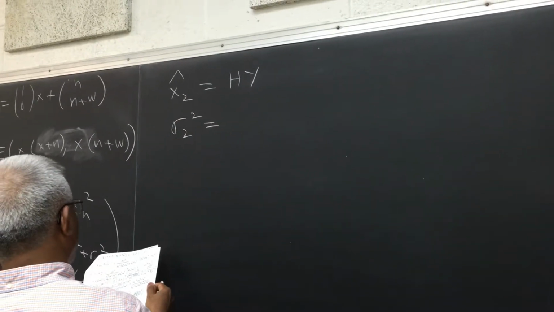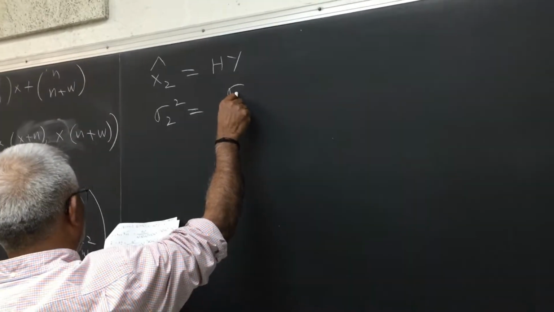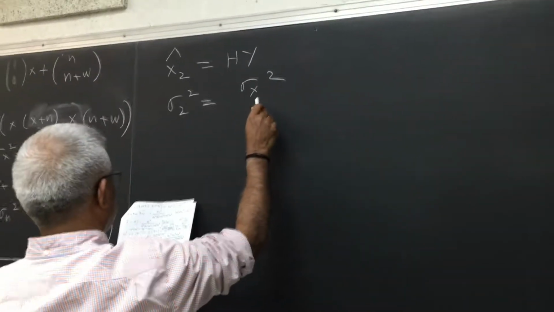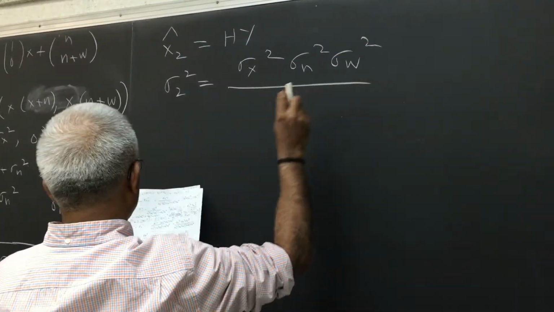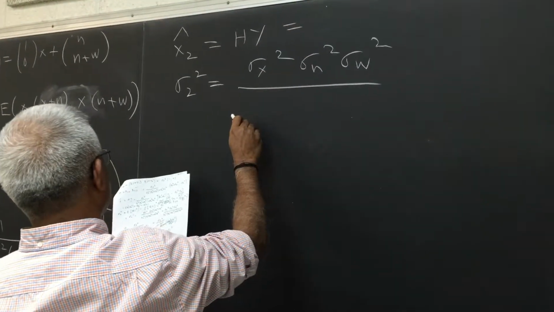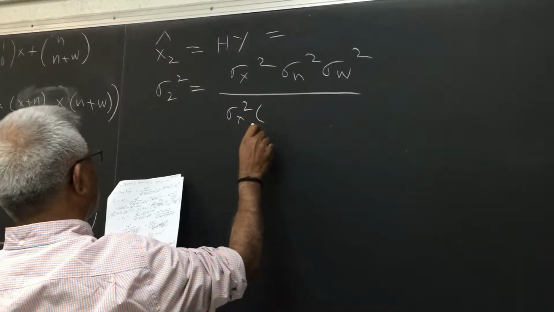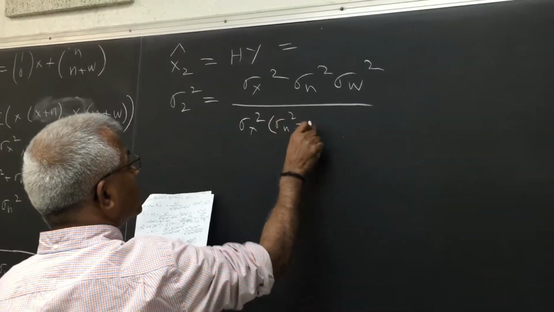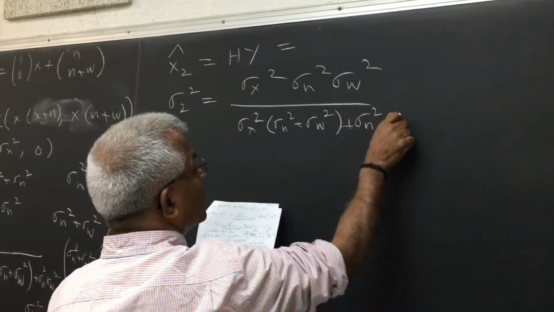So once again, if you compute sigma 2 squared, in this case, this will turn out to be sigma x squared, sigma n squared, sigma w squared over, let me finish this, sigma x squared multiplied by sigma n squared plus sigma w squared plus sigma n squared, sigma w squared.